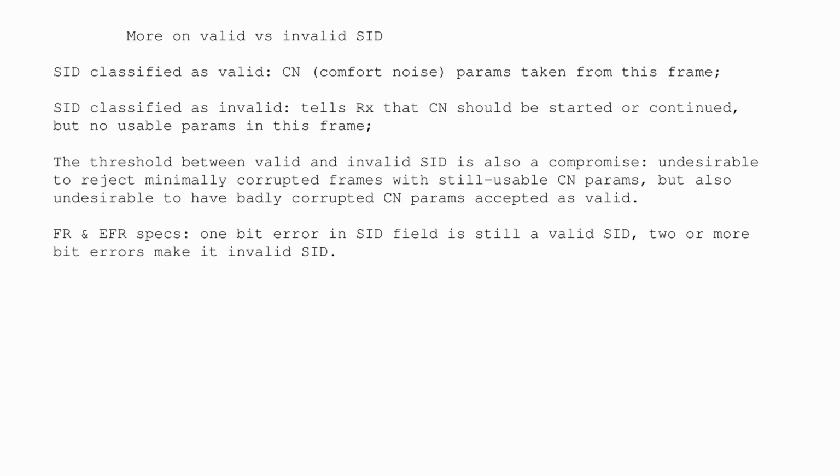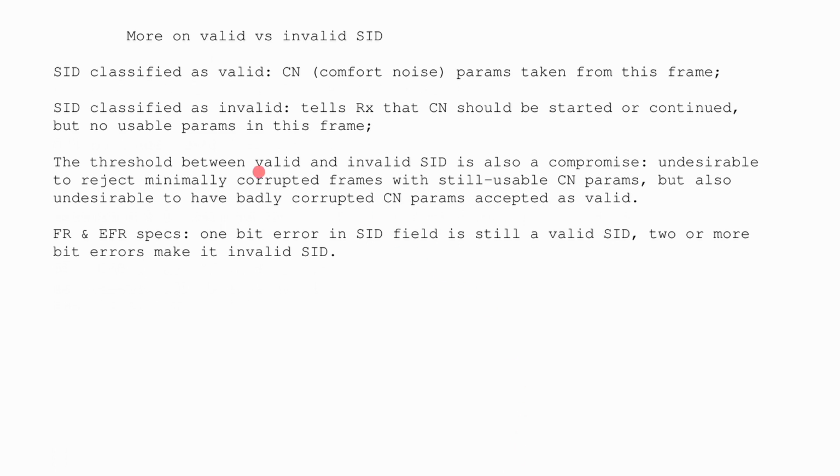But if it was invalid SID as opposed to regular BFI, then the RX DTX handler knows, instead of invoking the ECU, I'm going to invoke the comfort noise generator instead, using old CN parameters, which it already has from previously. So that's what ultimately happens when you do a ternary classification.